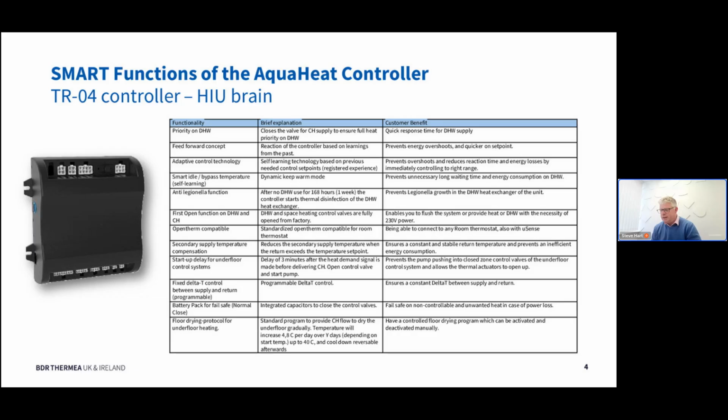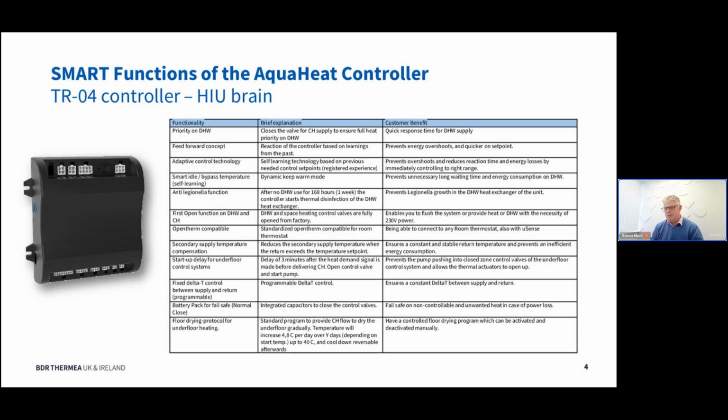And we can supersede that with delta T control, which would allow purposeful variation of primary supply temperatures, let's say a summer temperature reduction or weather compensation, but still allow us to work with the design delta T. And all these things are available because of the algorithms that are in the electronic controllers, and other things, integrated capacitors that close the control valves if the power fails accidentally, or if somebody leaves on holiday, or perhaps on purpose if it's associated with some prepayment type systems.